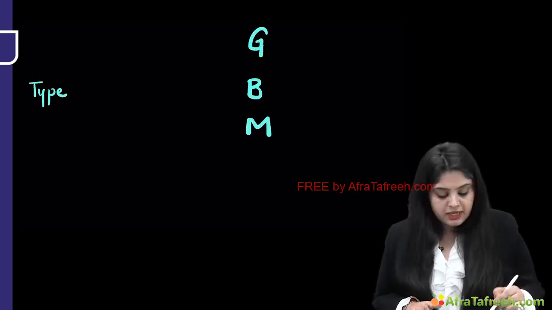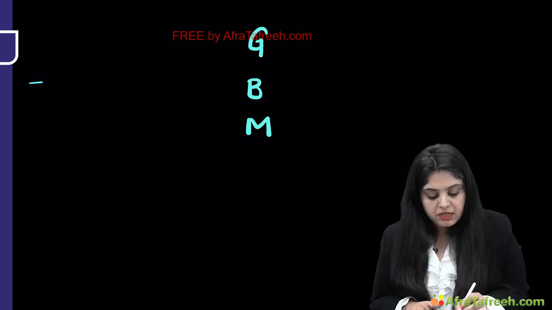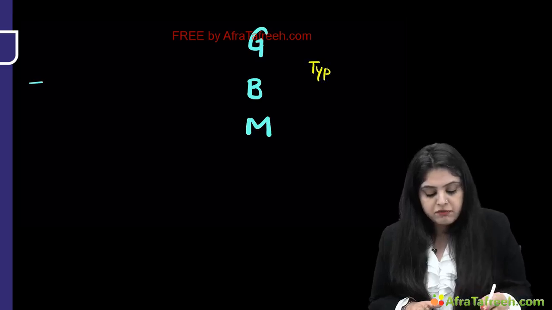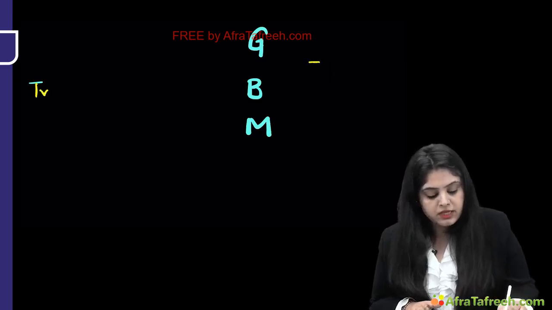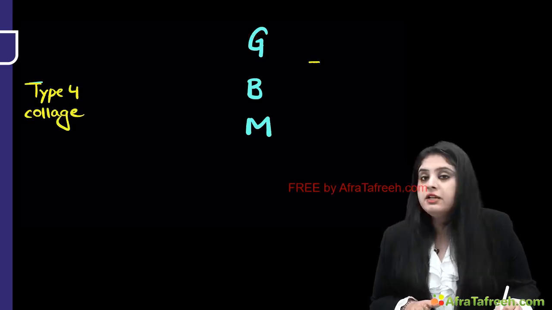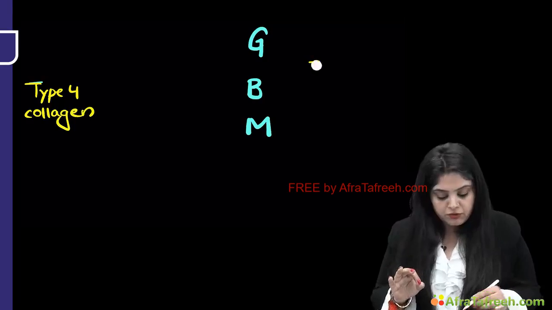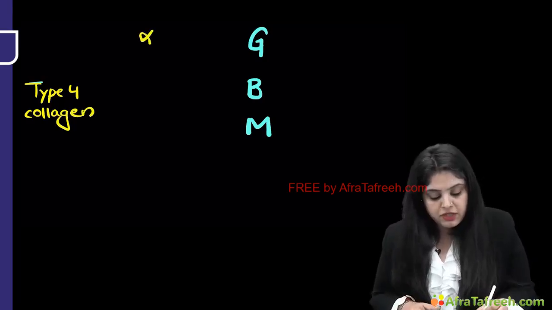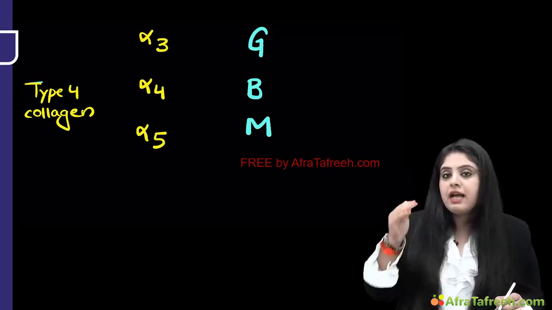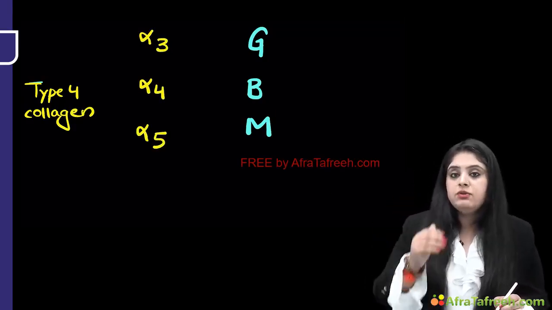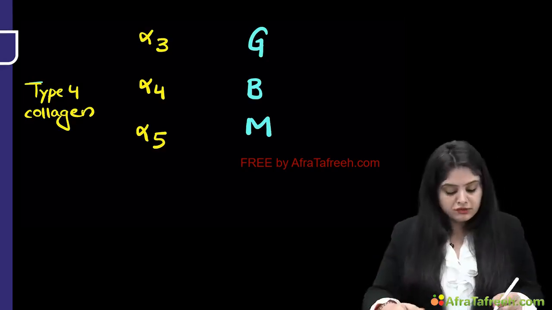Which collagen? If I'm saying glomerular basement membrane, we are talking about type 4 collagen. We'll write it over here only. Which chain do we have? There was something called alpha 3 chain, alpha 4 chain, alpha 5 chain. So if you write alpha 3, 4 and 5 and you write glomerular basement membrane, you are sorted.